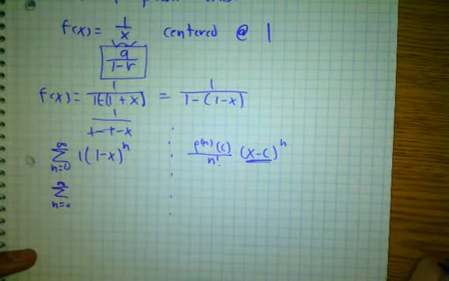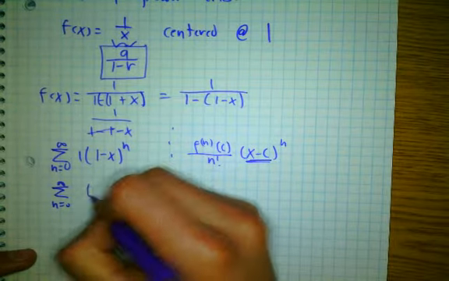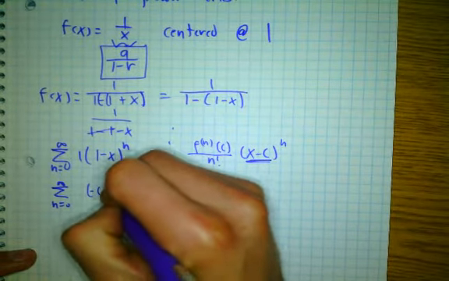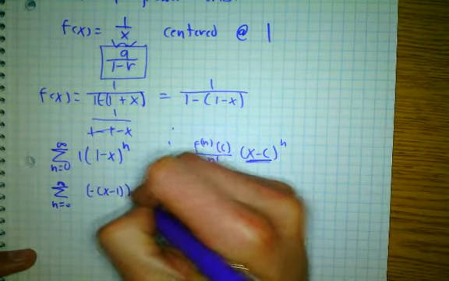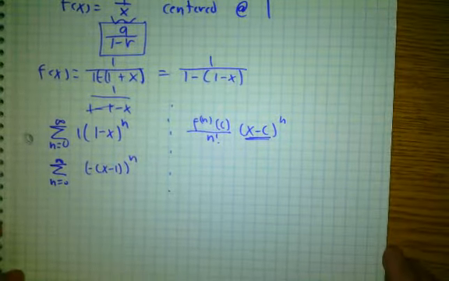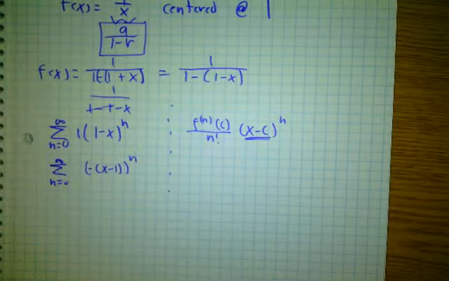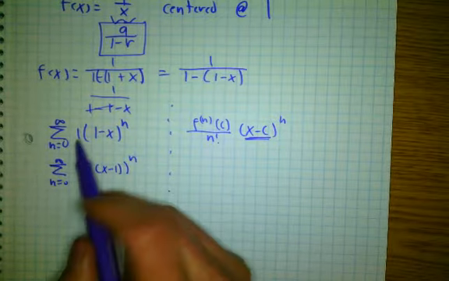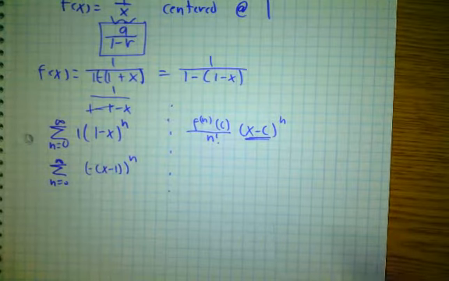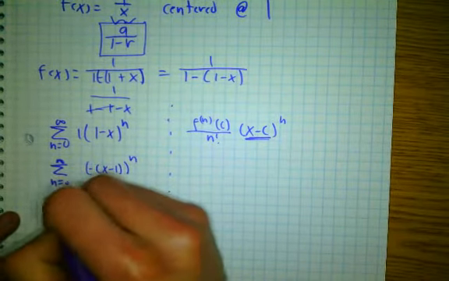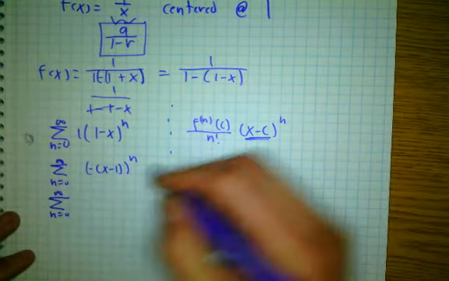You with me? So can I write it as negative? Yes? Is that the same thing? Think about it. If I distribute the negative, right? And technically, I'm going to go even a step further. Could I do this?